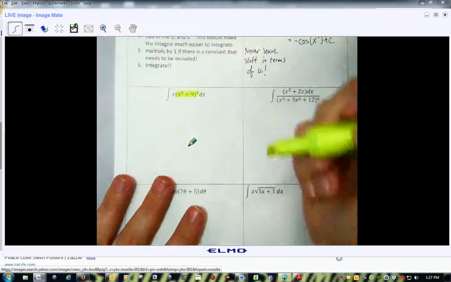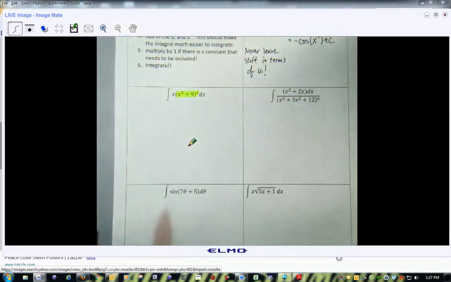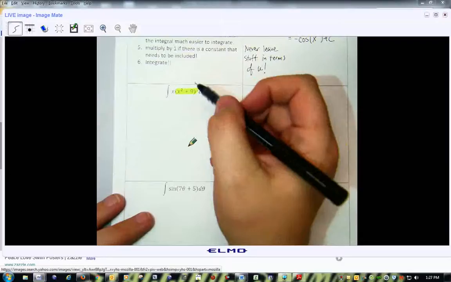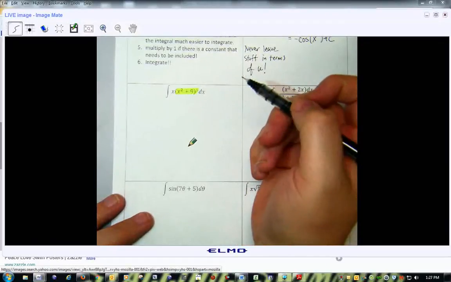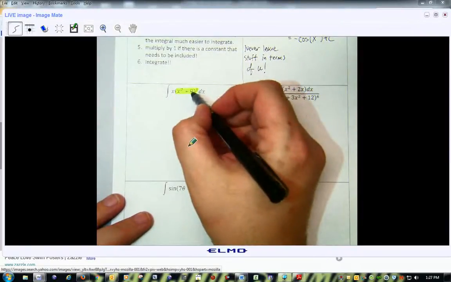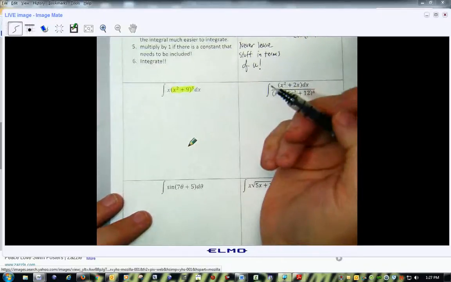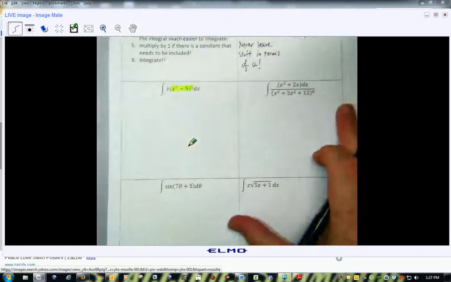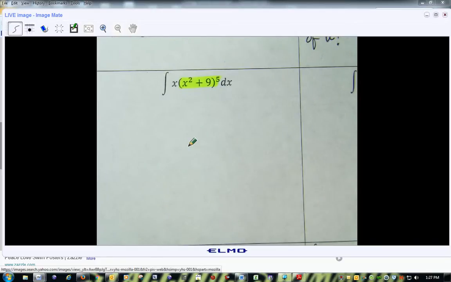That's your composite function. What's the inside? What would you do first in that composite function? The x squared plus 9, right? You're always going to do what's inside.